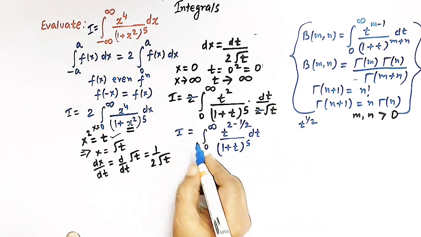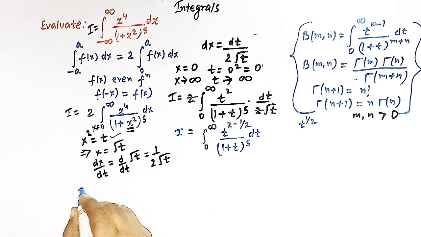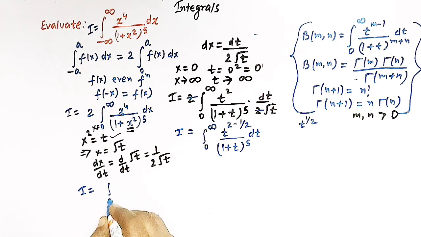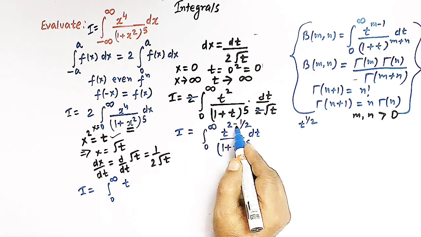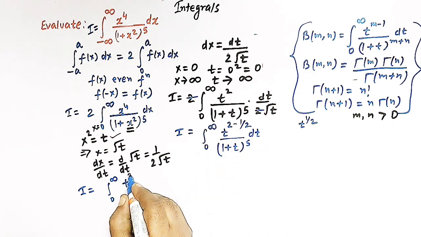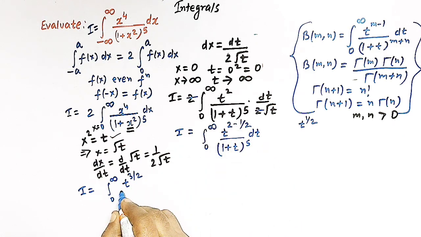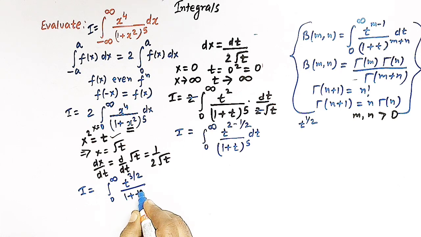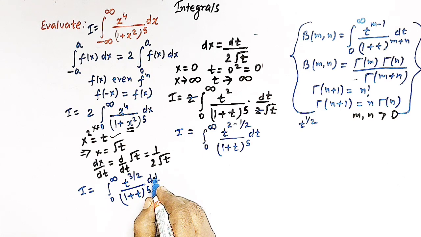So now this integral I is equal to 0 to infinity, and we have t raised to 2 minus half, which is 3 over 2, and we have 1 plus t raised to 5, and here we have dt.